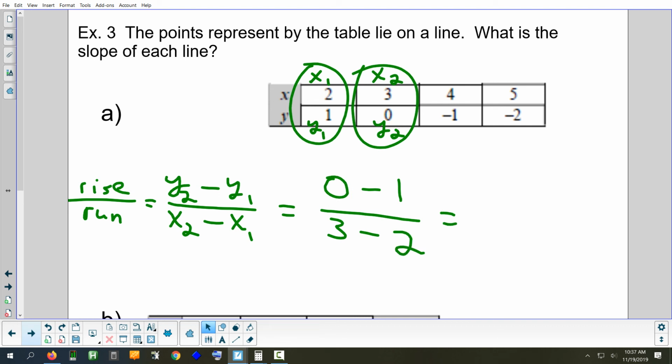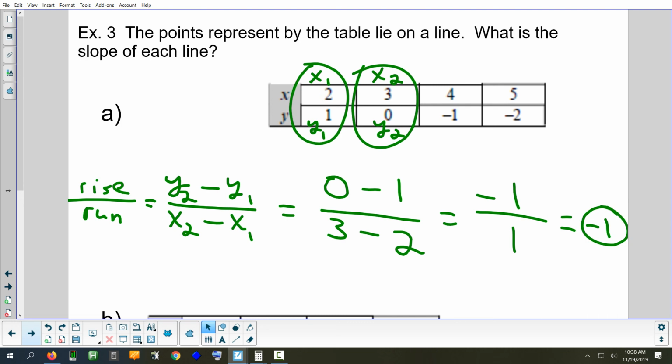Now we simplify. What's 0 minus 1? Negative 1. And what's 3 minus 2? 1. And what's negative 1 divided by 1? Negative 1. So this is a line with a negative slope.